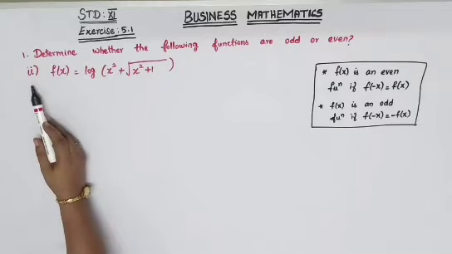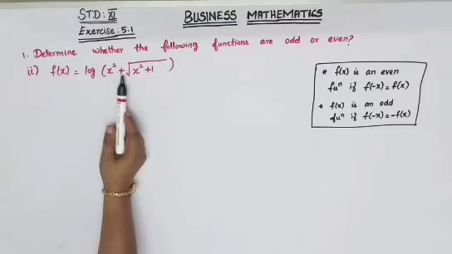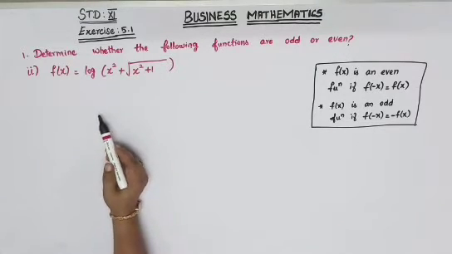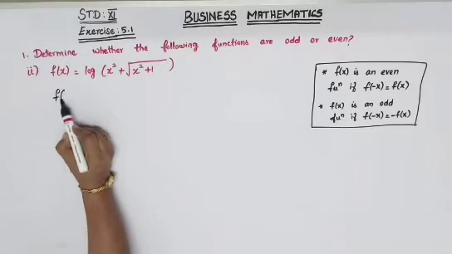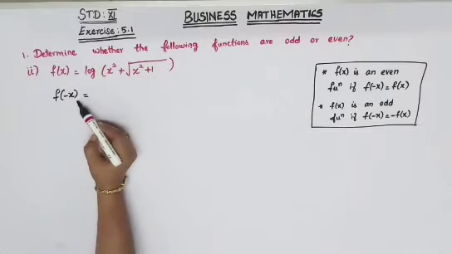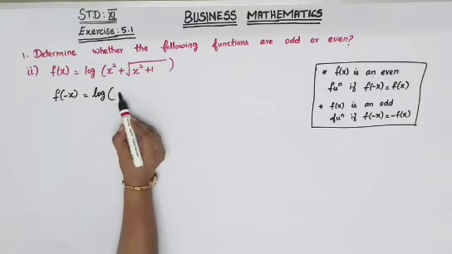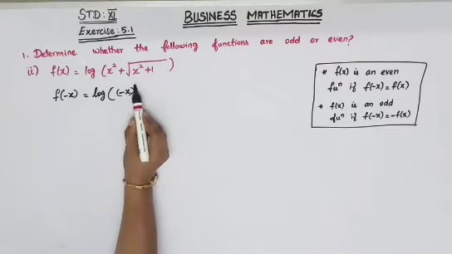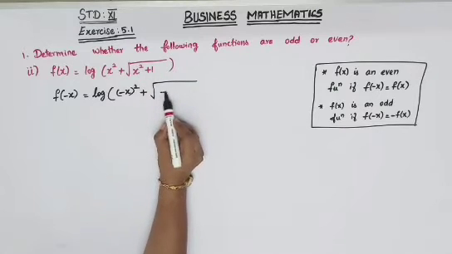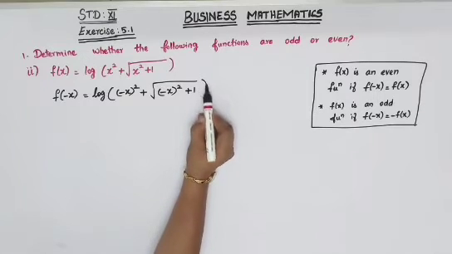First question, second subdivision: f of x is equal to log of (x + square root of (x^2 + 1)). So first we have to find f of minus x. Wherever x is there in your right hand side, just give minus x. So log of minus x plus square root of ((minus x) whole square plus 1), close the bracket.